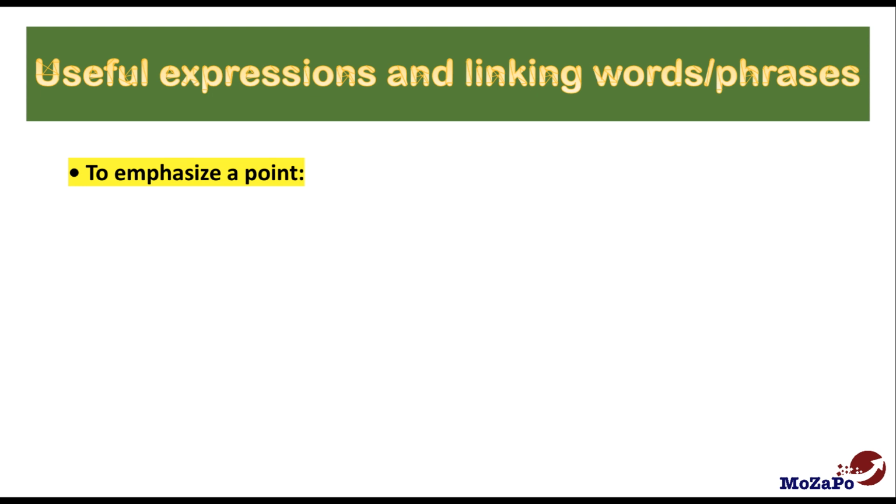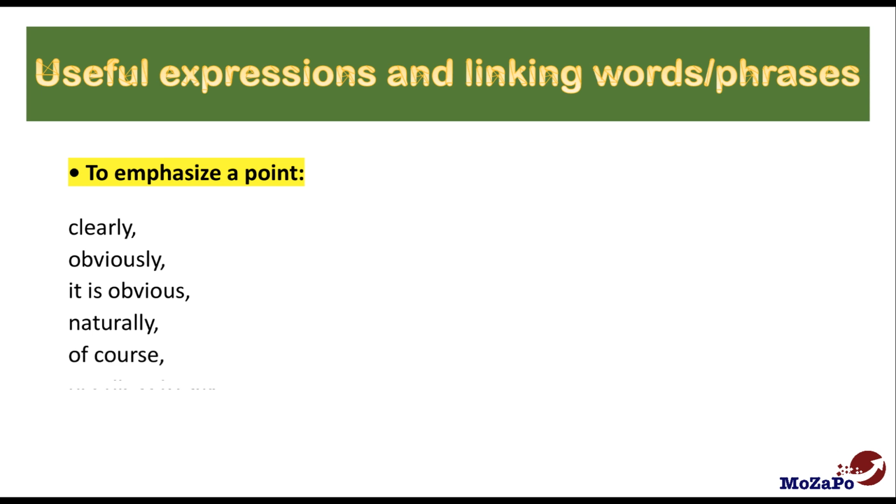To emphasize a point, because sometimes in your writing you have to make a point stronger. You have to emphasize. And you can use, for example, some words such as clearly, obviously, it is obvious that, naturally, of course, and needless to say. As you see, you can use them to add emphasis in your writing, and also indeed.